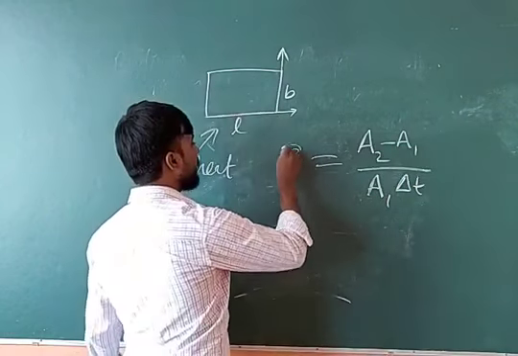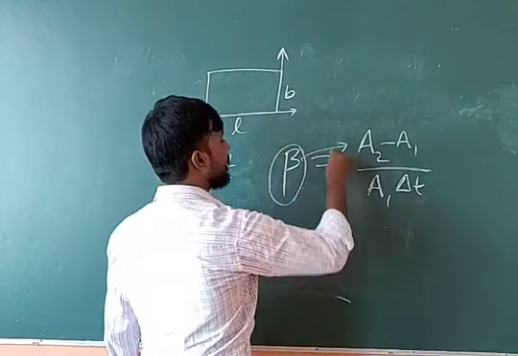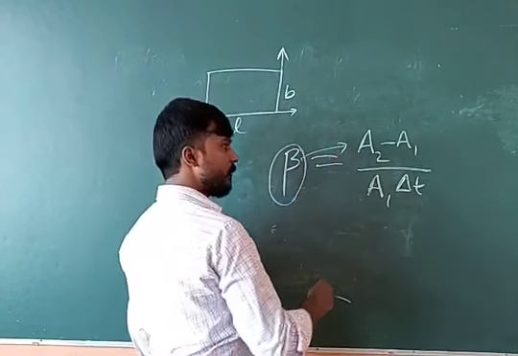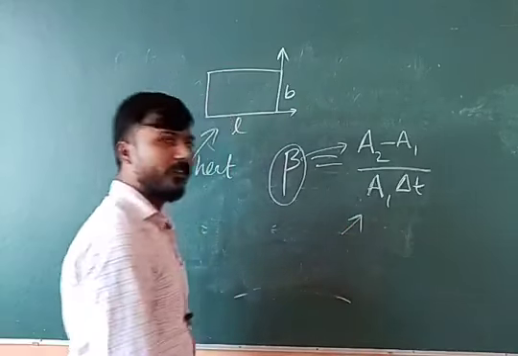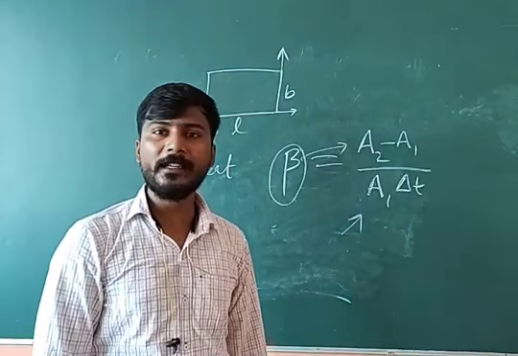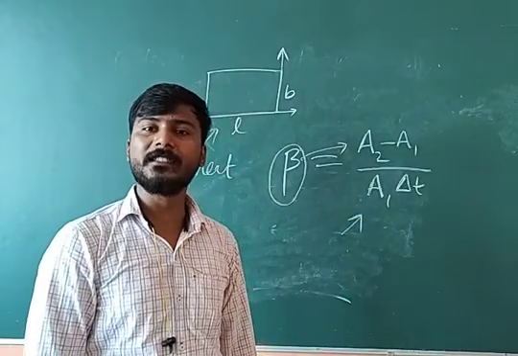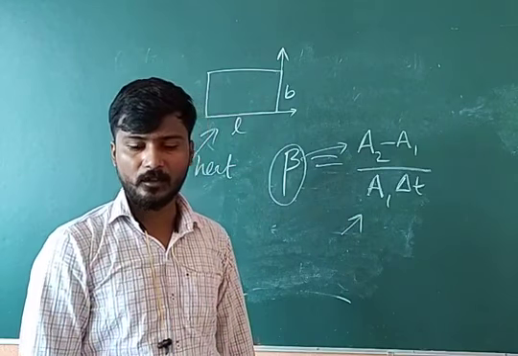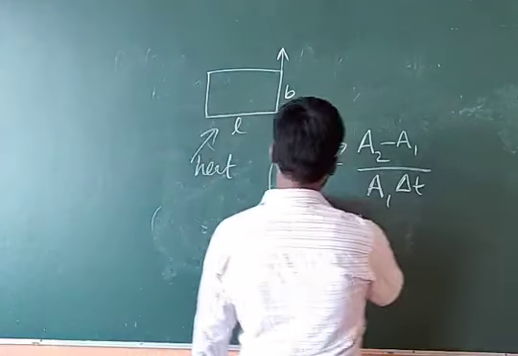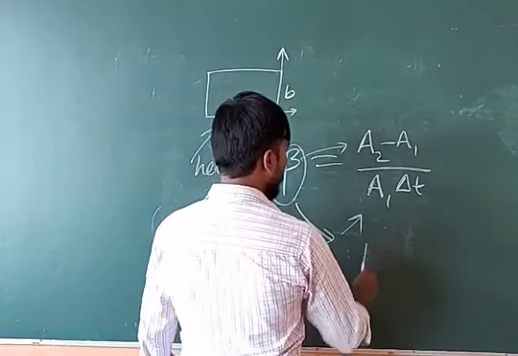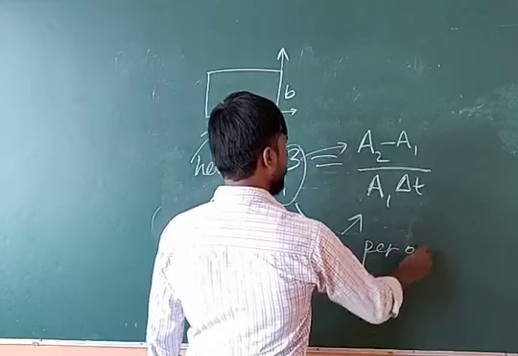It is the change in area when we supply heat to 1 meter square of area by increasing its temperature by 1 degree centigrade. And the unit of superficial expansion is per degree centigrade.